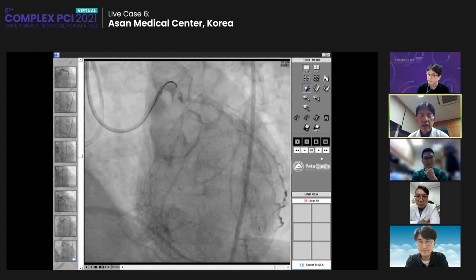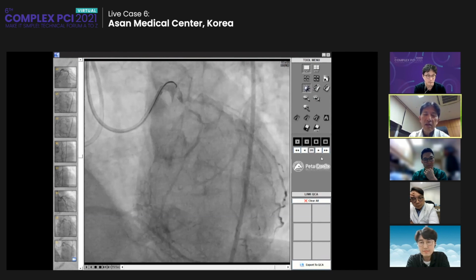Yes. At first, the preparation was not enough. It is necessary to do at least the retrograde contralateral injection and both approaches, and to analyze the anatomy of the CTO region. That is the most important issue of all.